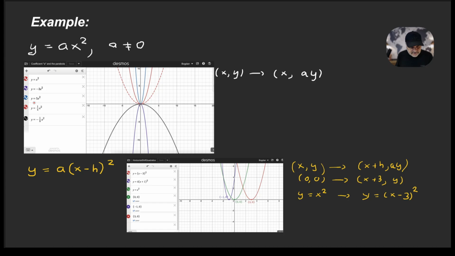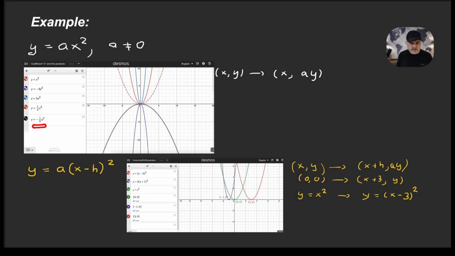5x squared, in comparison to x squared, is a slim, narrower looking parabola because we multiply the output times 5. So you can sort of see the rapid growth of y values in comparison with y is equal to x squared. So the graph branches are far closer together.